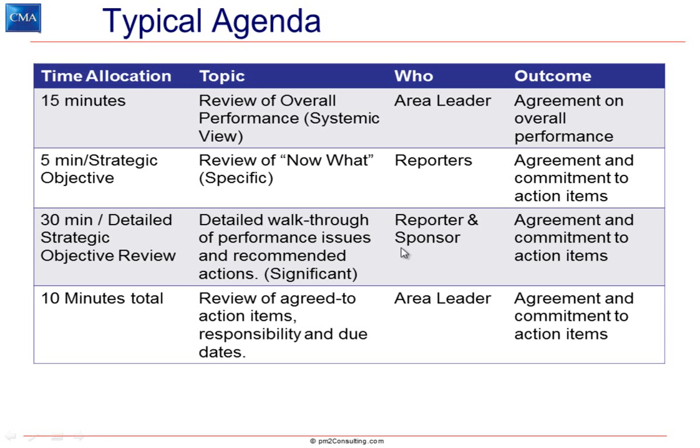Remember, the sponsor is the person that's going to provide what I call air cover, the resources and support to make sure that these processes and projects are successful. And again, we'll have a level of agreement about those commitment items. Then finally at the end, there's a 10-minute conversation in total led by the leader where we'll review the agreed-to action items, responsibilities, and due dates so that everyone is clear as they leave the meeting what needs to get done before the next meeting.